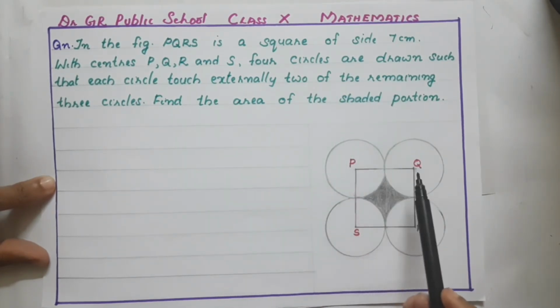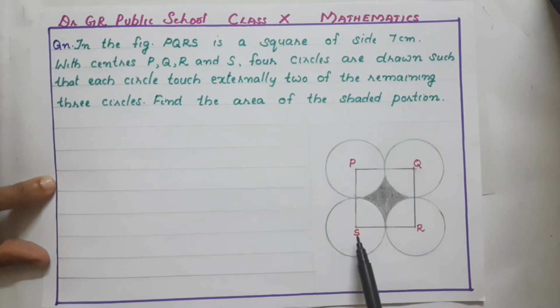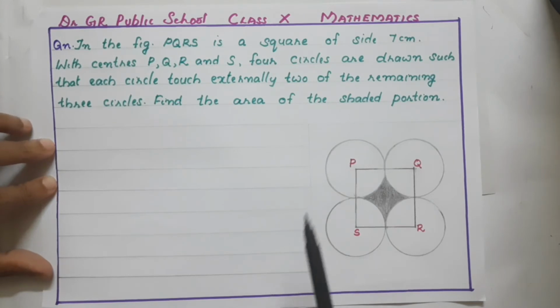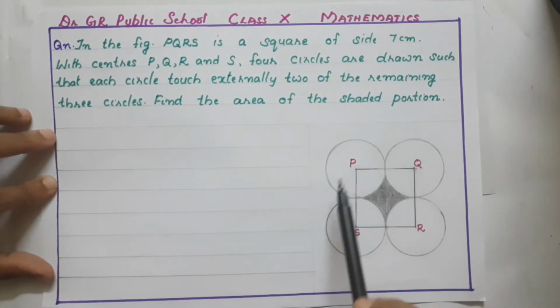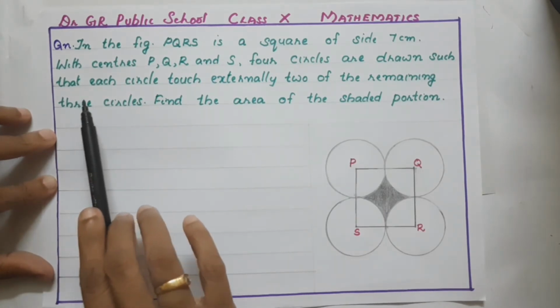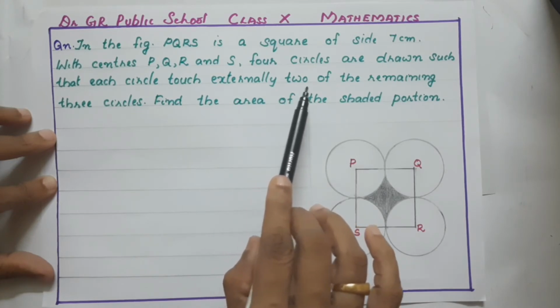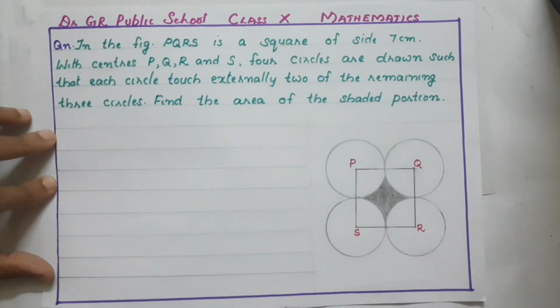With P as center, Q as center, R and S as centers, 4 circles are drawn. There is one speciality for these circles. What is that? Each circle touches externally 2 of the remaining 3 circles.